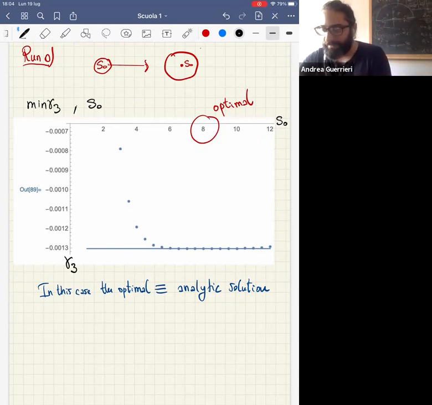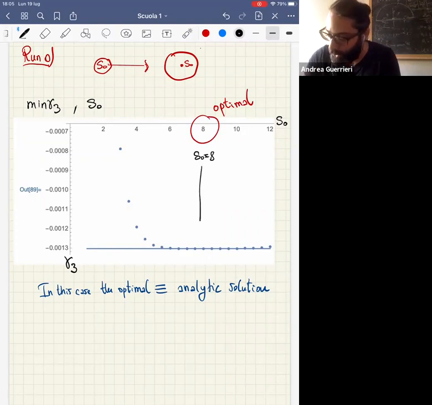You can see that there are choices that are very bad, and then eventually it becomes very good. In this case there is an accident: for S0 equal to 8, our ansatz is basically the analytic solution already, because it's a very simple system. So that's obviously going to be optimal. But in general, this is a scan that is important to do, to choose the best S0.